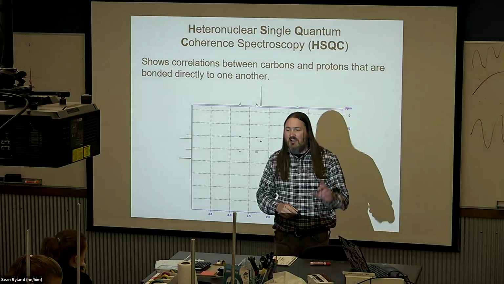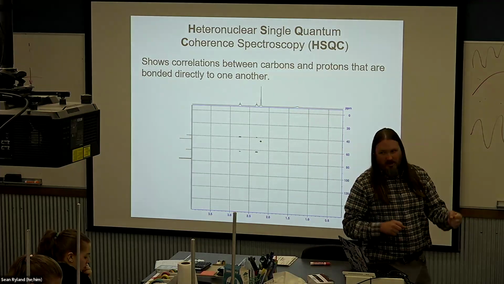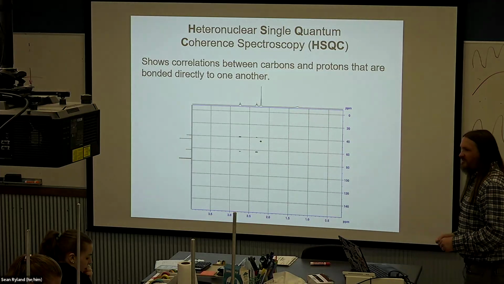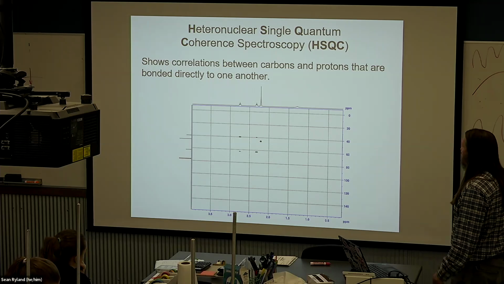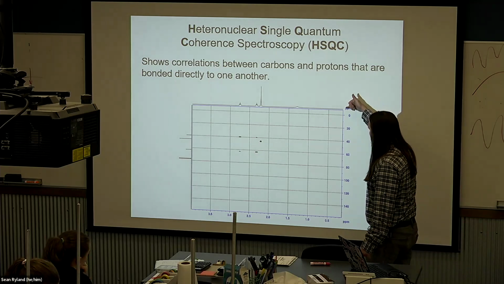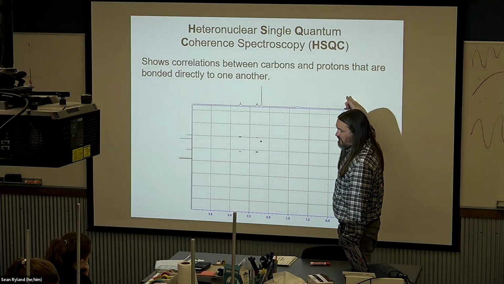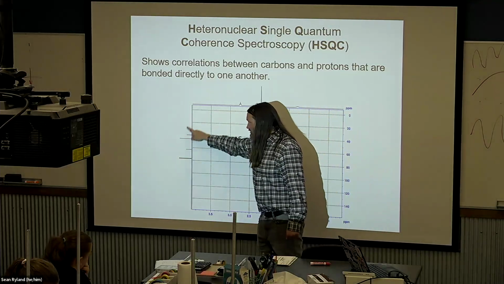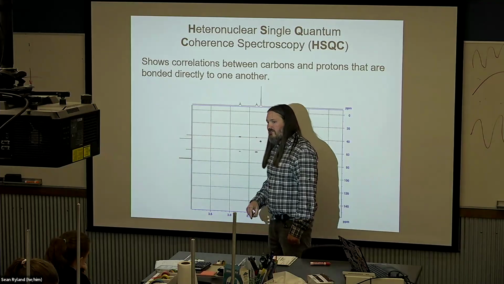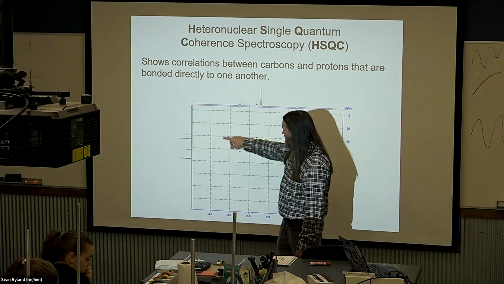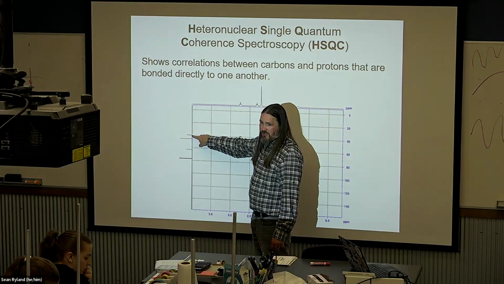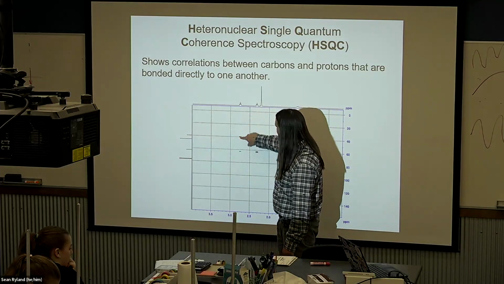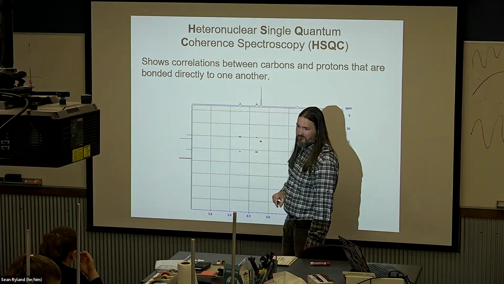So basically, this is now looking at the coupling between a carbon and a hydrogen instead of hydrogens and the nearest neighbors. So in other words, you're going to take your proton NMR and your carbon NMR. And this is going to allow you to link and say, okay, this carbon is tied to these hydrogens.